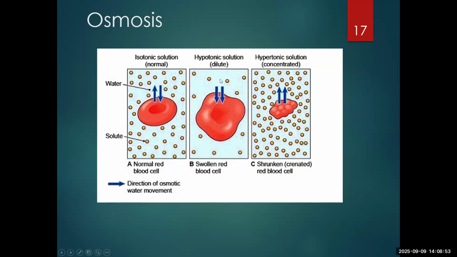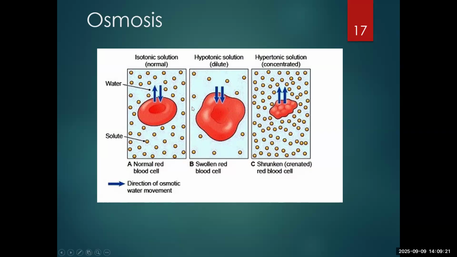Let's say you have a solution where instead of a 5% sodium solution, you do a 0% concentration of solutes. Then you're gonna dump that into your blood. And what will happen is that the solute concentration inside the cell is greater. Water will move in, and what will happen to the cell?